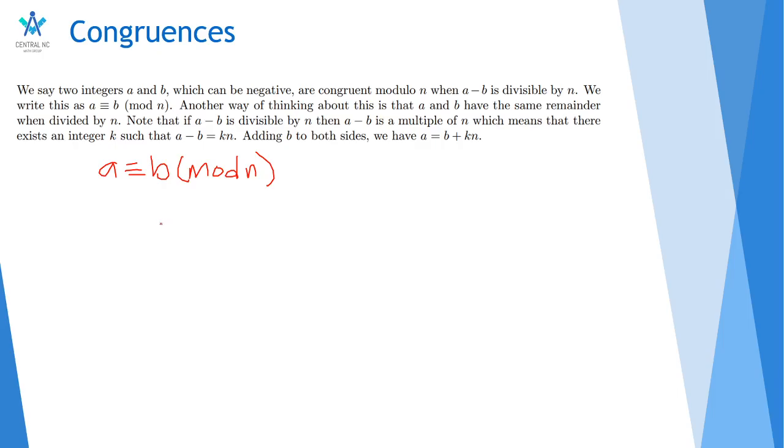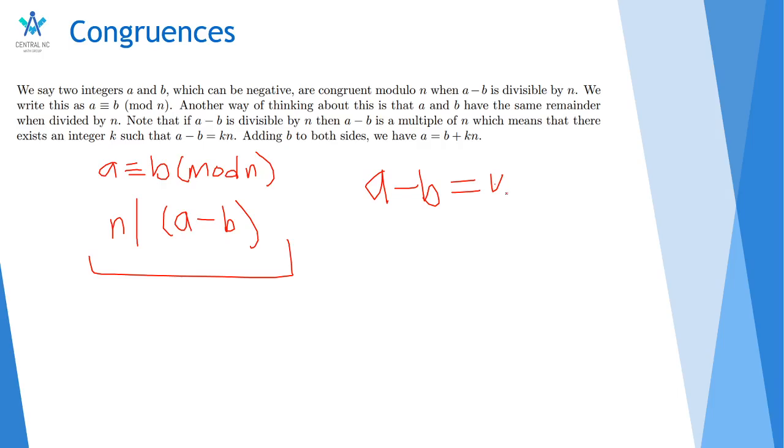We use this notation here, just a solid line, to show that something divides something else. So in this case, n divides a minus b. If this is true, then the congruence holds. Looking at the last line, a minus b equals k times n just shows that n divides a minus b. But we'll look into more later in this lecture.